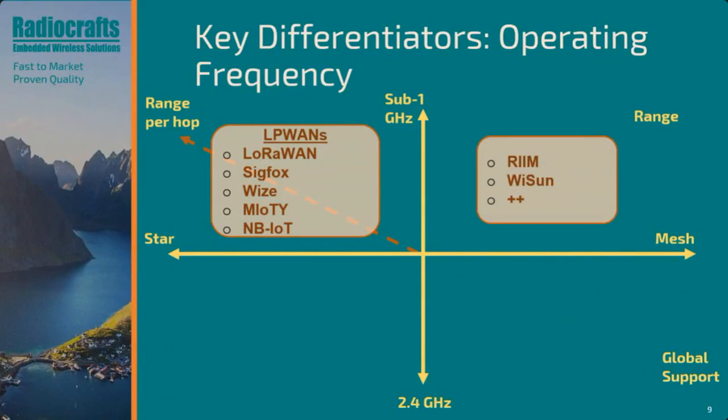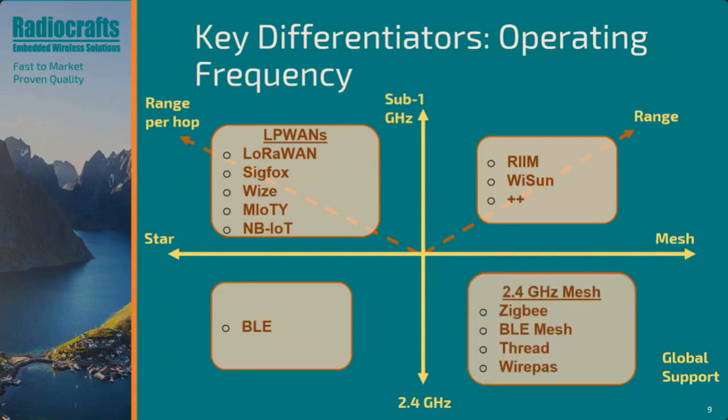While if you still go sub-1 gigahertz, but you go mesh, you have the famous RIIM, you have Wi-SUN, etc. And these have the advantage of the increased overall range since they are mesh networks. Of course, in the 2.4 and star, you have BLE, and then in the mesh and 2.4, you have WirePass and Zigbee mesh and Bluetooth mesh, etc.